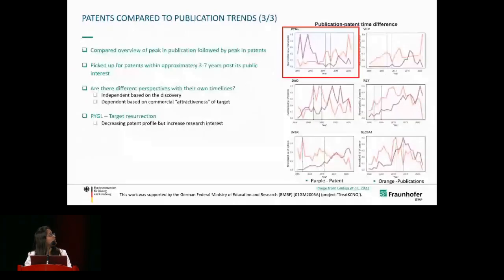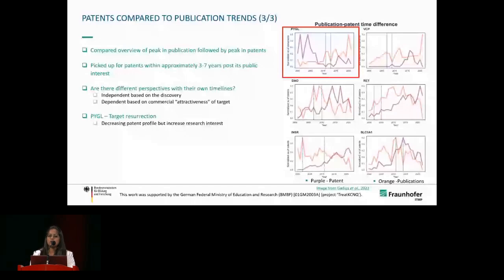The first one is PYGL, a polyglycosyl protein that is present in the body. This is pretty evident here. You can see a good peak in purple in that box with respect to patent documents, and then a steep decline around the year 2010.